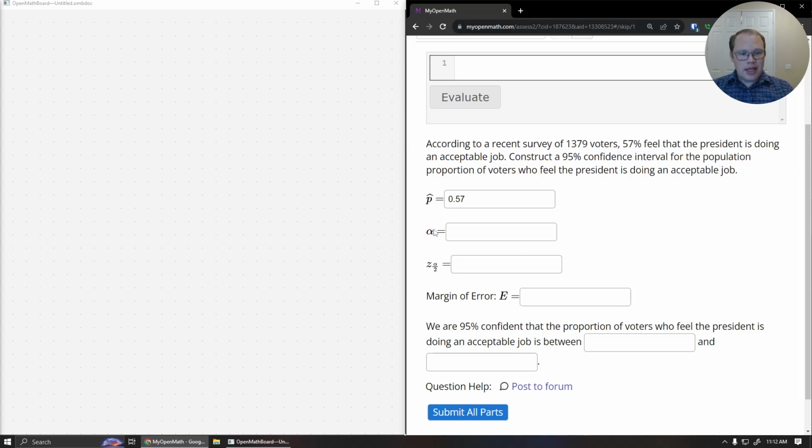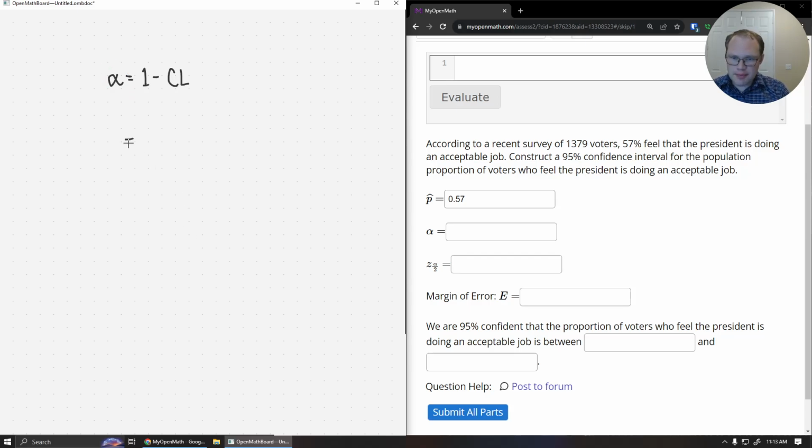So next, let's calculate alpha. Remember, alpha is the probability that the population proportion is not in our confidence interval. So alpha is always equal to 1 minus the confidence level. 100% minus the probability that the population proportion is in our confidence interval is equal to the probability that the population proportion is not in our confidence interval.